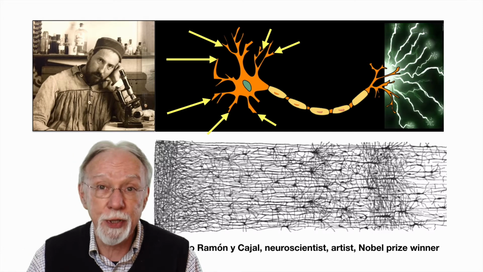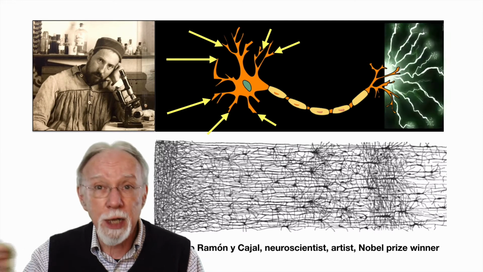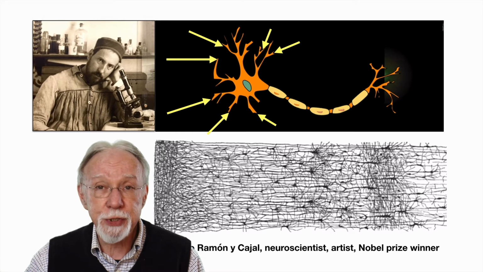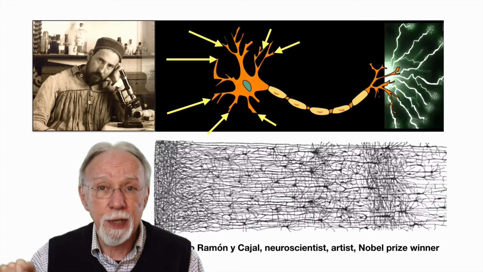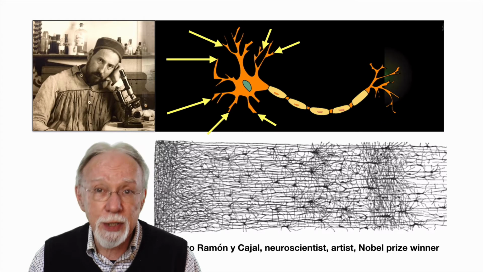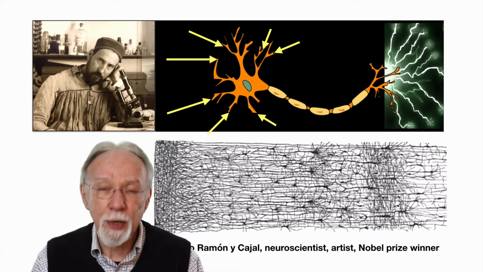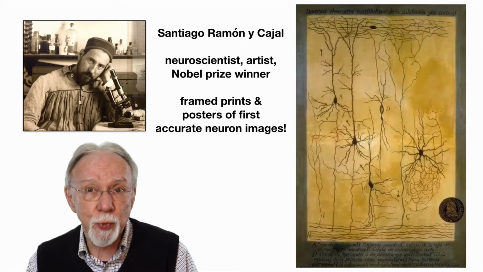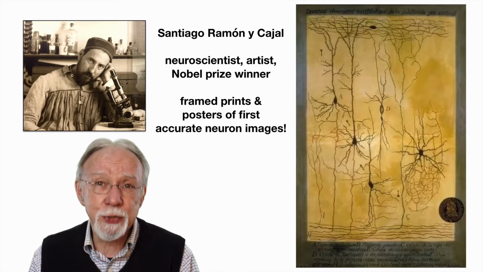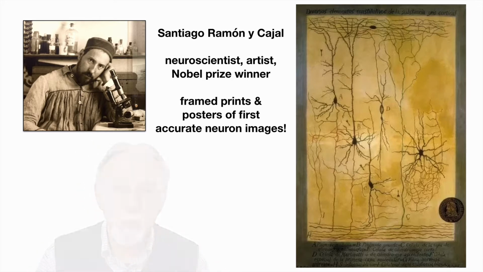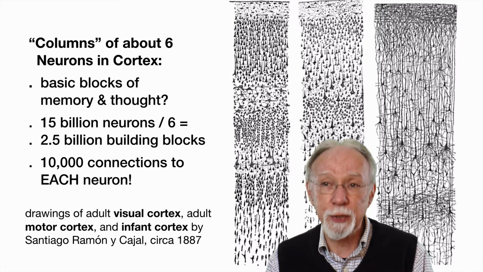So his drawing at the bottom shows columns of neurons, and you can see the heavy dots of the cell bodies, the long, dark lines of the axons, and the sort of spider web of the dendrites. His work is so important and interesting that you can actually buy framed prints and posters of the very first accurate neuron diagrams.